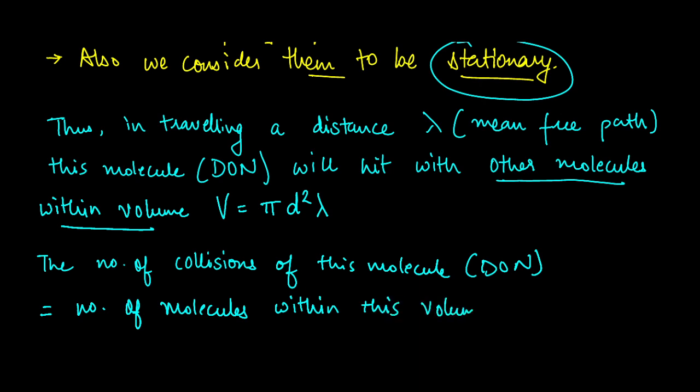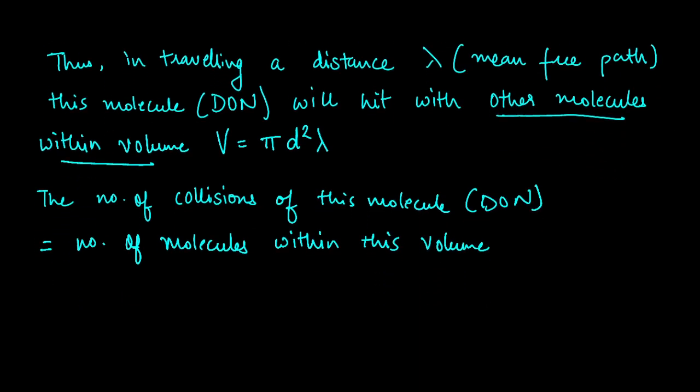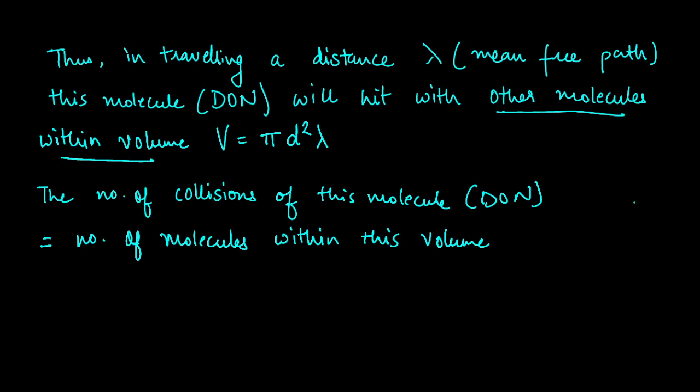Whatever number of molecules are in this volume, it can collide with that many, right? Whatever is the number of molecules in that volume, that is the number of collisions of Dawn. It will bump into that many, right?